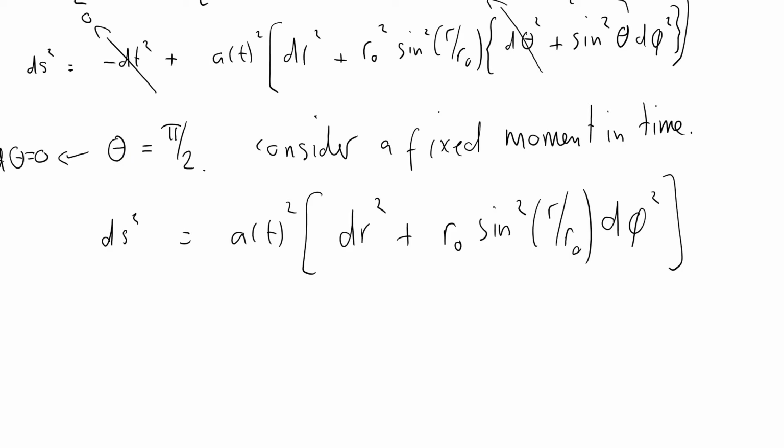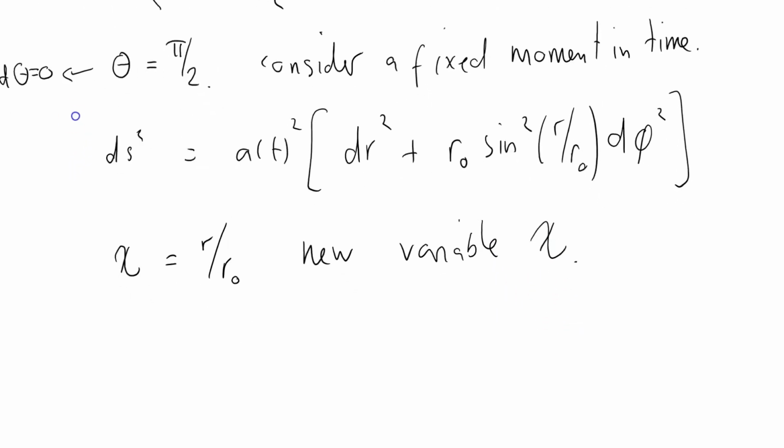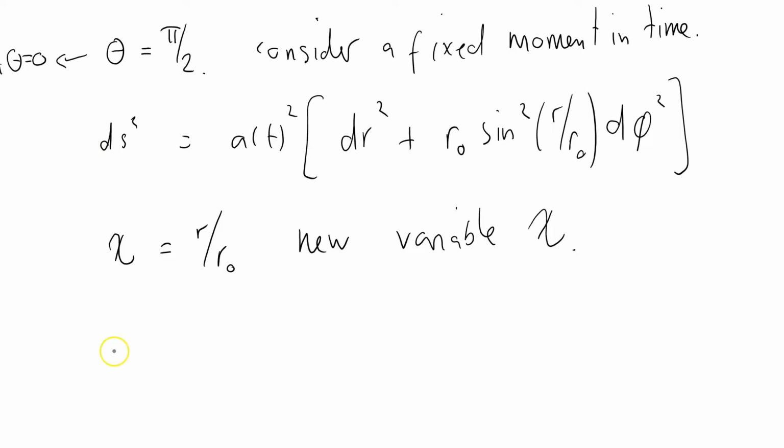Let me just reorient this and express it in a slightly different way. I'm going to define a new variable chi, which equals r upon r0. It's just a linear transformation, but we'll see that it makes life much clearer.